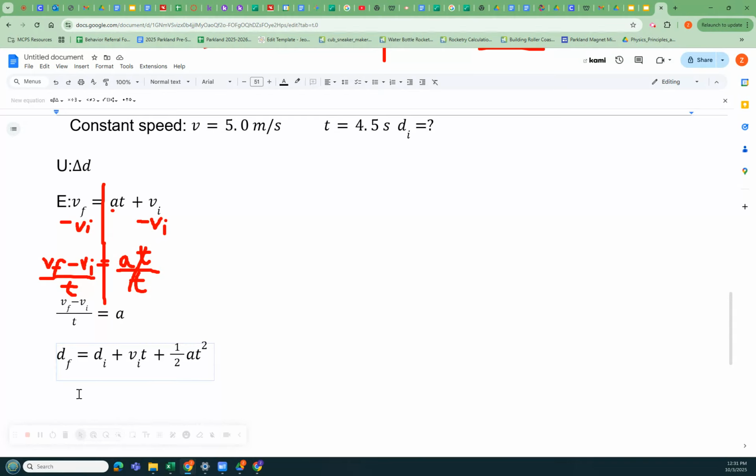So if you move di to the other side of the equation, you could just simplify it to displacement equals VIT plus half AT squared.